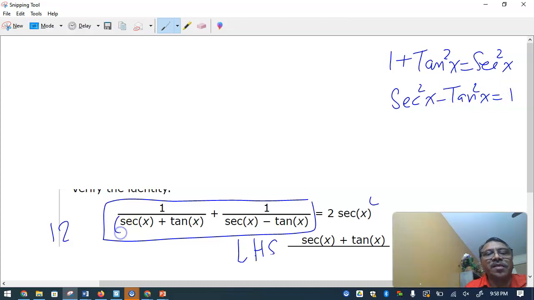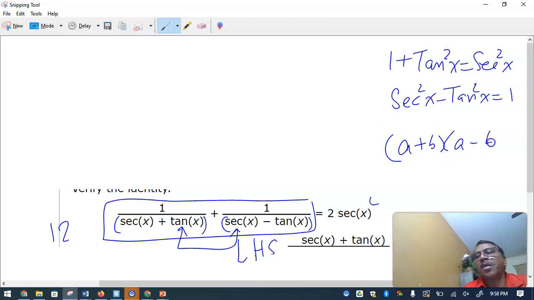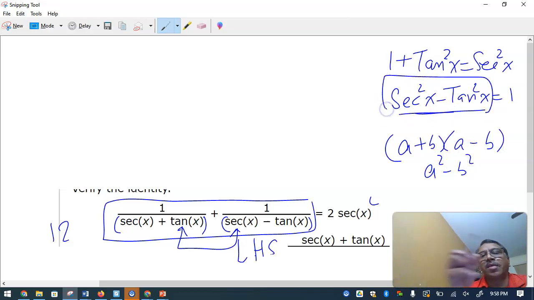And you notice that there's a secant x plus tan x in here, and there's also secant x minus tan x. So if you multiply these two, you must be thinking, hey, can I get it like a plus b, a minus b? The difference of squares is a square minus b square. So somehow our goal is to get this. Let's check whether that works.